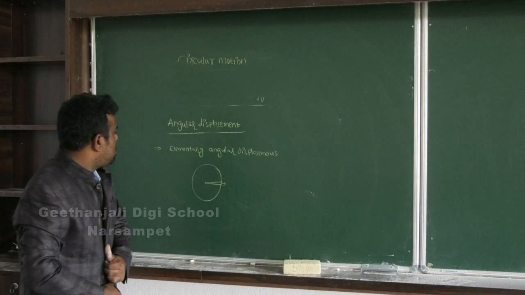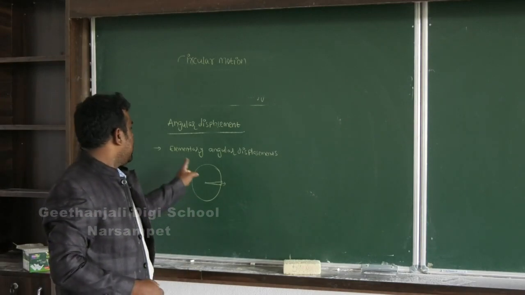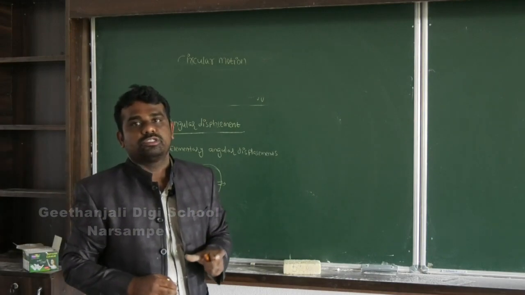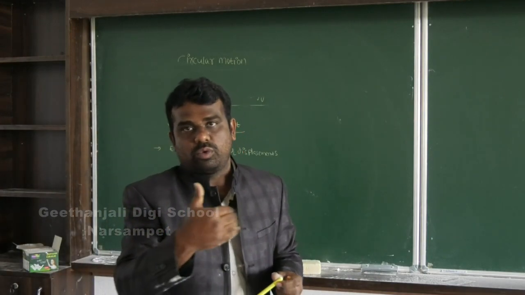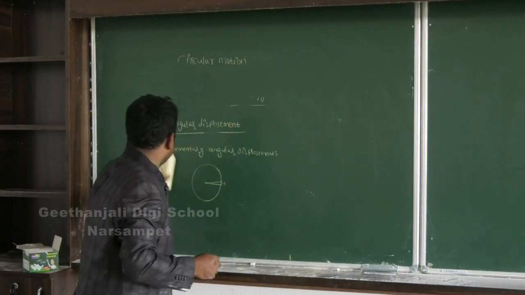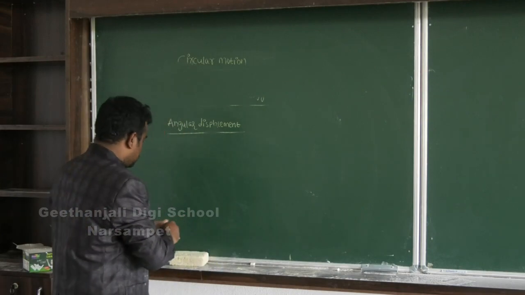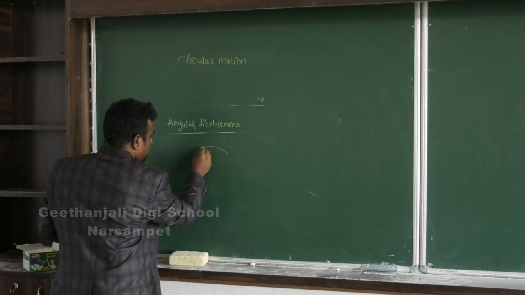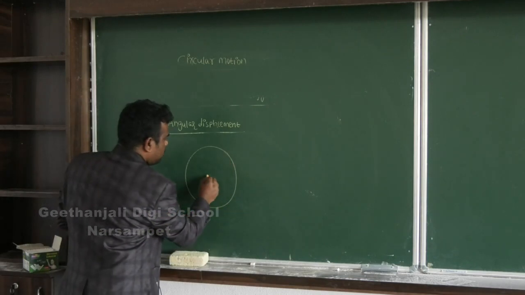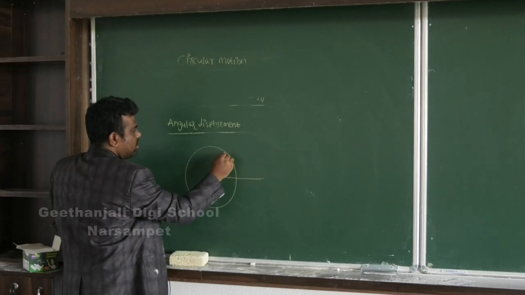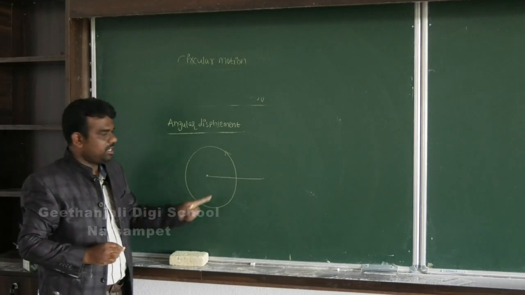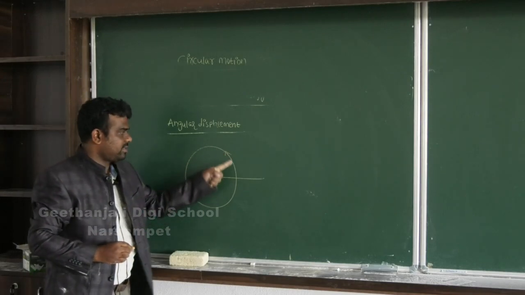To know the direction of the elementary angular displacements, meaning smaller angular displacements, we have to use the right hand thumb rule. Let us see that. Suppose one particle is moving in a circular path in the anti-clockwise sense. It is the sense of motion of the particle.